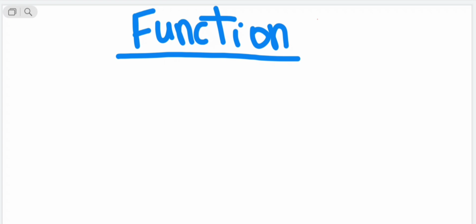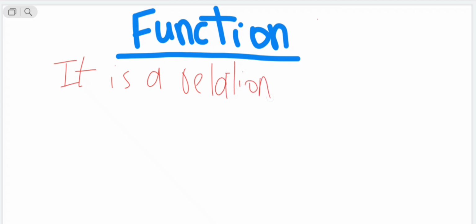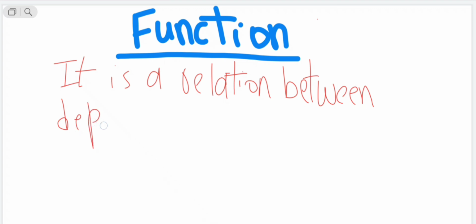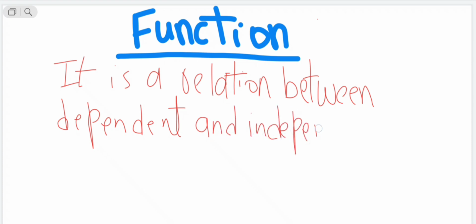First of all, we want to know what is a function. Function is a relation between dependent and independent variable.